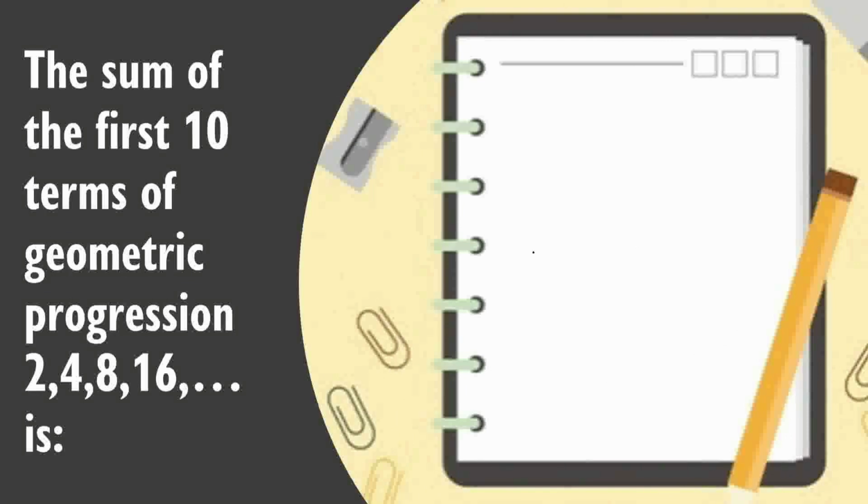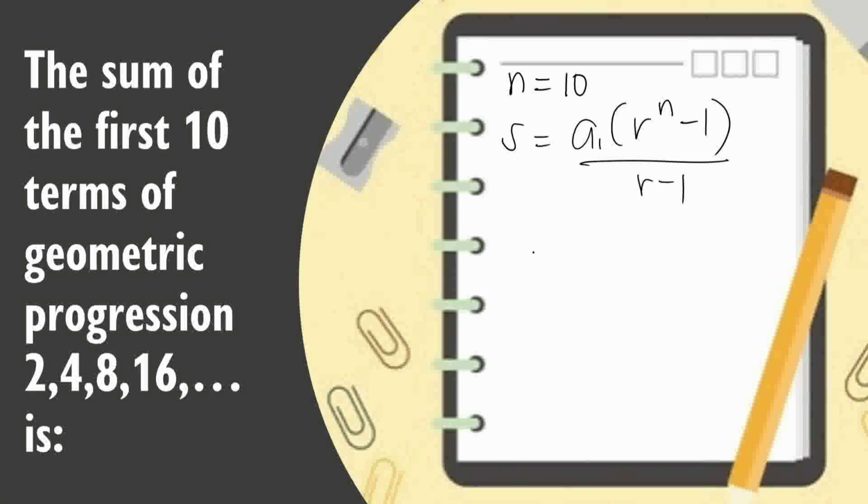The sum of the first 10 terms of geometric progression 2, 4, 8, 16 is, so sum daw nung first 10 terms. So, magiging n natin is 10. And using the formula S is equal to a sub 1 times r raised to n minus 1 over r minus 1.